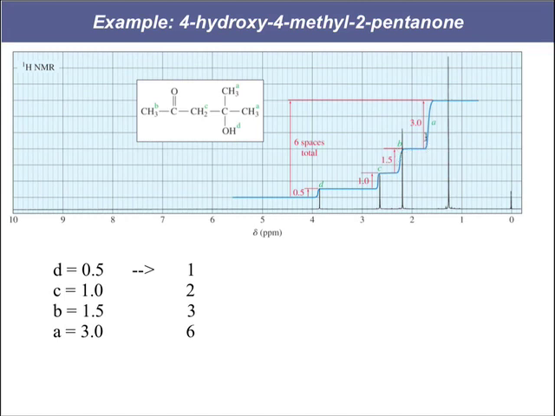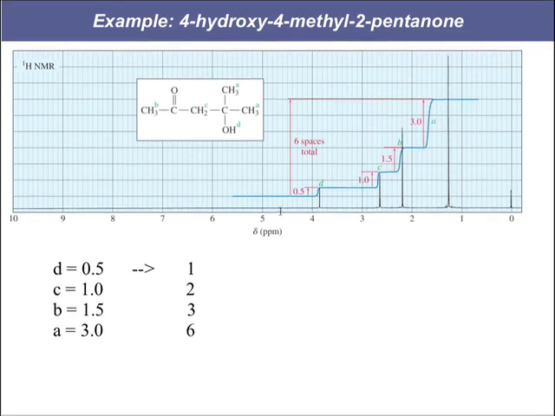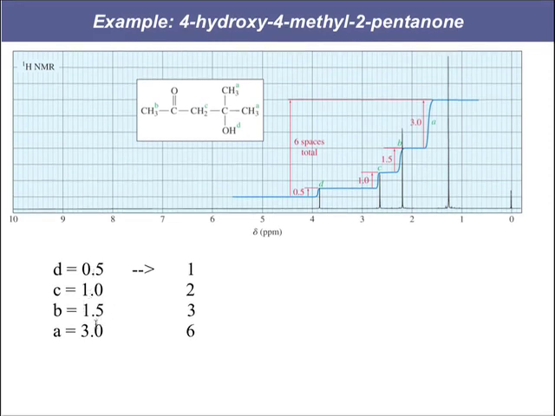And then it goes up 3 whole spaces, or 6 halves, for our next peak for our A. So our integrations are 0.5, 1, 1.5, and 3. If we make those whole numbers, it's 1 to 2 to 3 to 6.